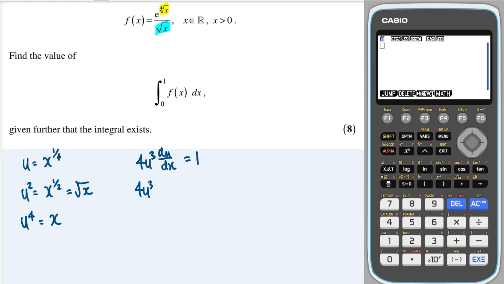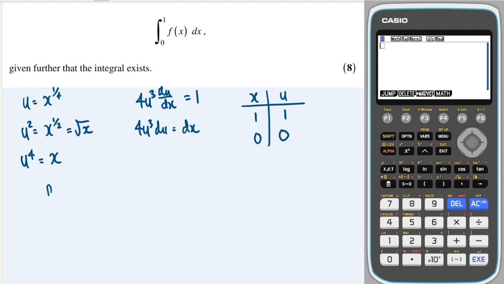So 4u cubed du is equal to dx. Oh, it's much better. Don't forget to set up our limits. x, u, 1, 0. 1 fourth rooted is just 1. And 0 fourth rooted is just 0.